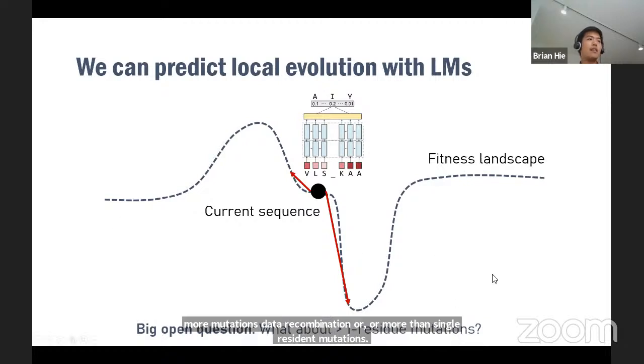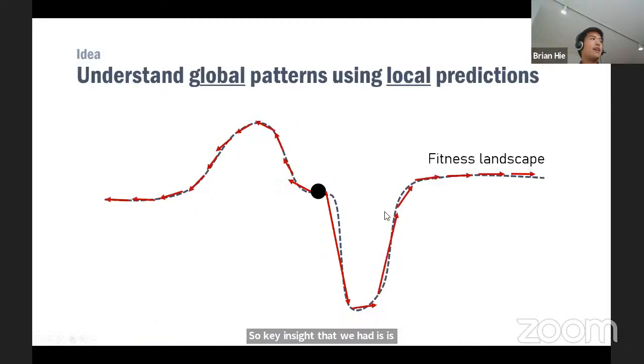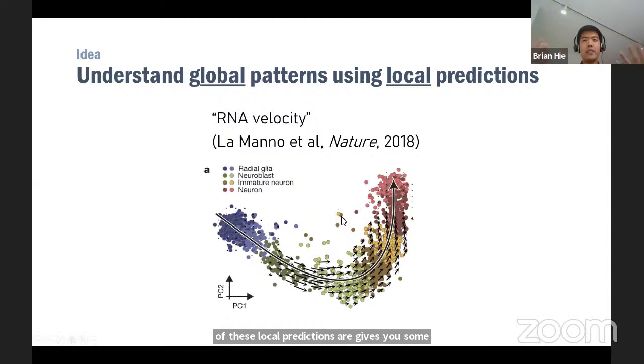So a key insight that we had is that you can actually gain some insight into the global landscape of evolution by composing a bunch of these local predictions together. And the agglomeration of these local predictions gives you an approximate insight into the global landscape of evolution. Conceptually, this is similar to RNA velocity, if you're familiar with that.